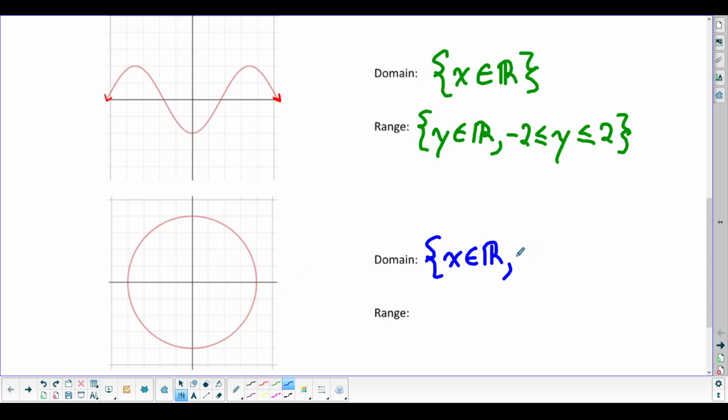So we'll write the same way we did before. Negative 4 is less than or equal to x, less than or equal to 4. That says that x has to be between these two numbers.